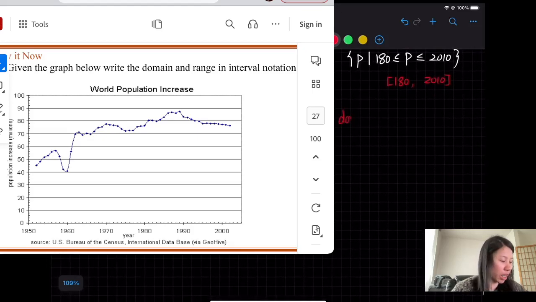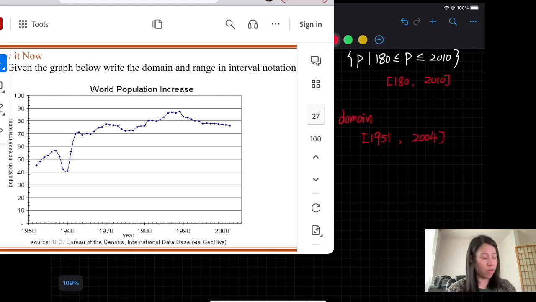So the domain, they want it written in interval form. That means it's starting with 1951 to which year? 2002 or 2004. That's when they ended tracking it. So now what about the range?